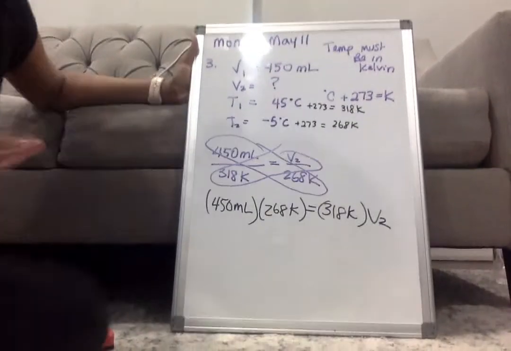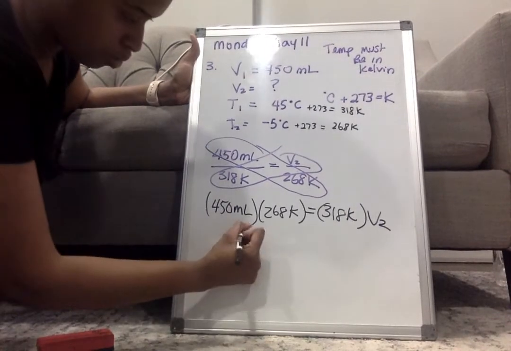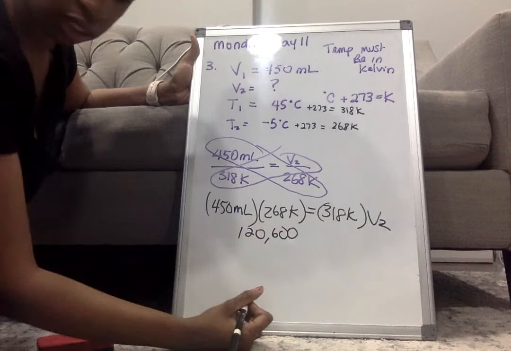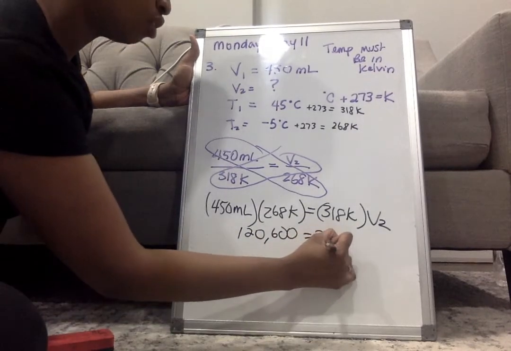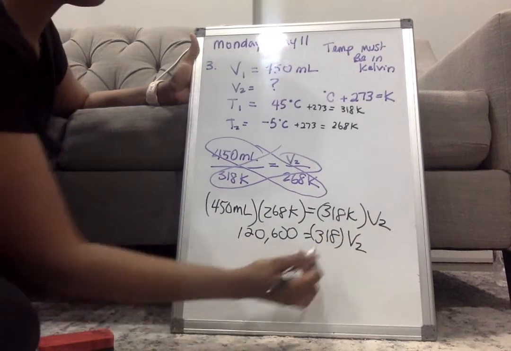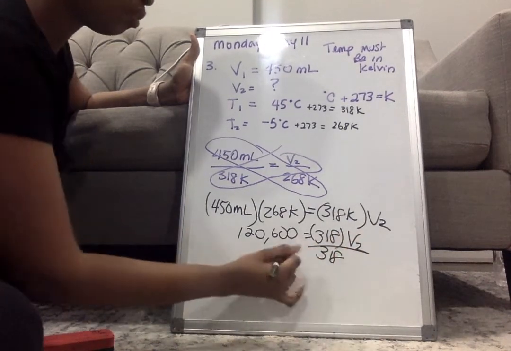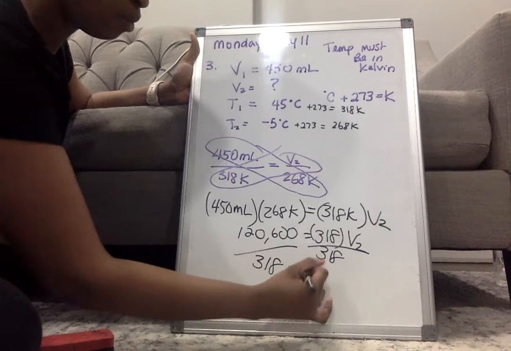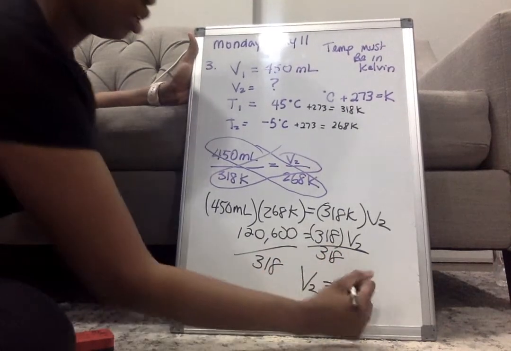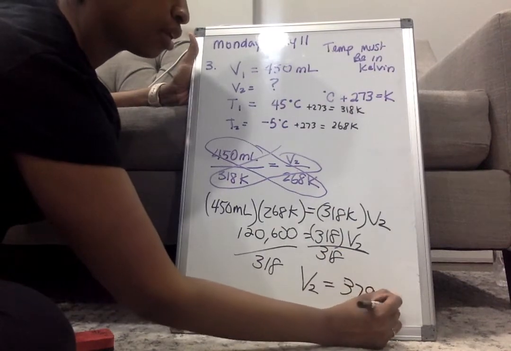So you see that? So on this side we have 120,600, and that's equal to 318 V2. We divide by 318 on both sides, and then we should see that V2, that final volume, is 379 milliliters.